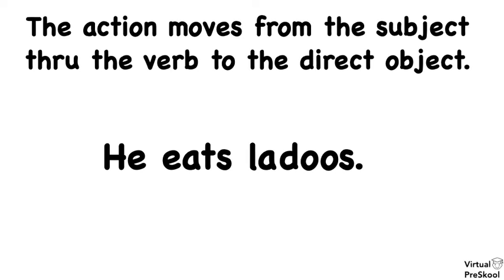So the action starts with the subject of the sentence, he. It goes through the verb to the direct object. And remember, right now we are talking about transitive verbs. So do you see how the action transits from the subject through the verb to the direct object?